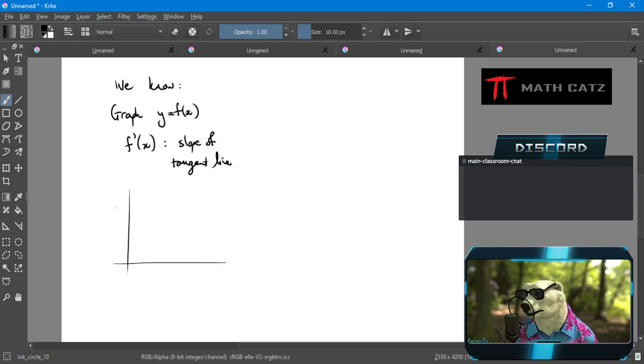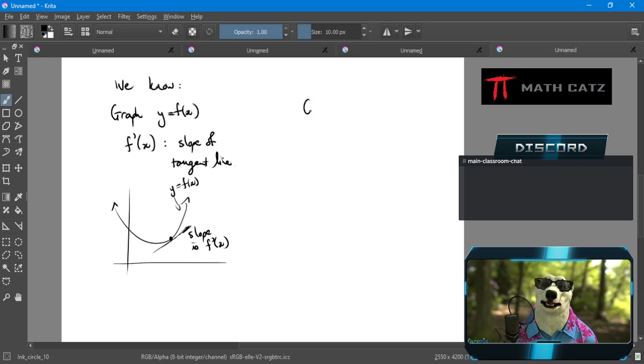We have our graph, we have our function. This is our function's graph here. Let's suppose that's our x value, slope of the tangent line. The slope is the derivative.